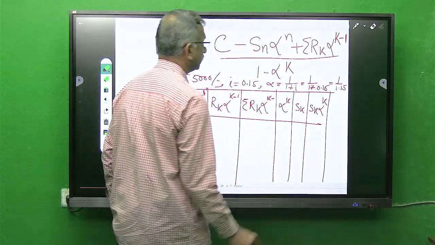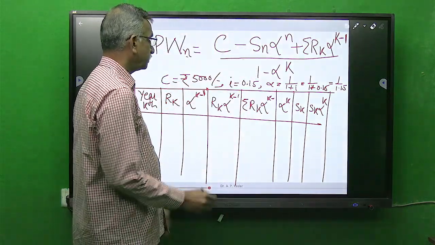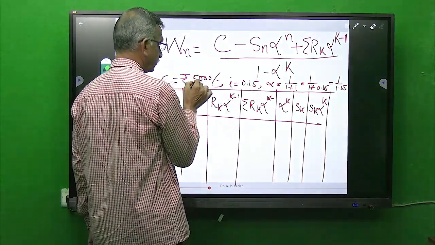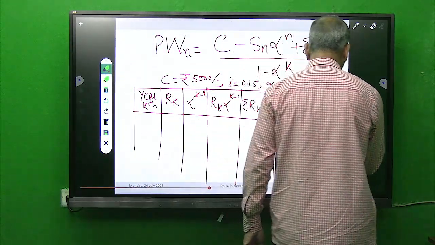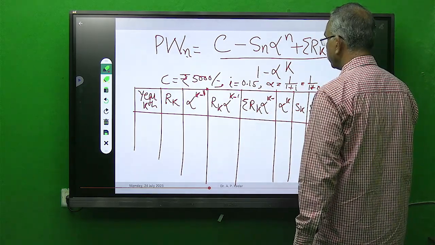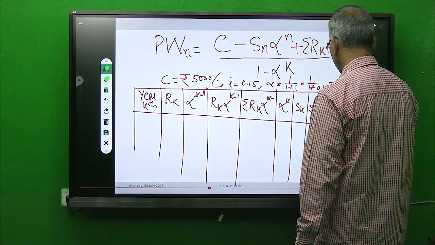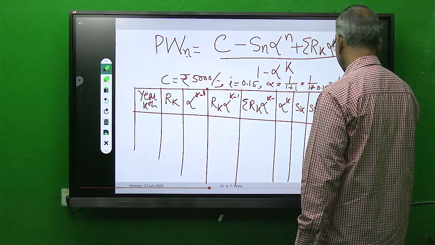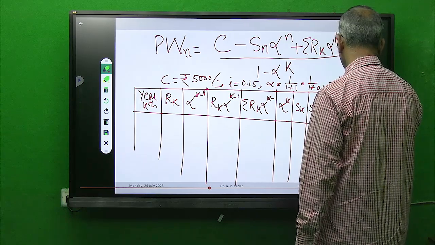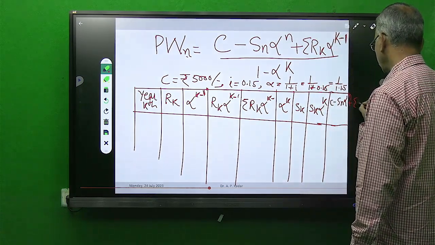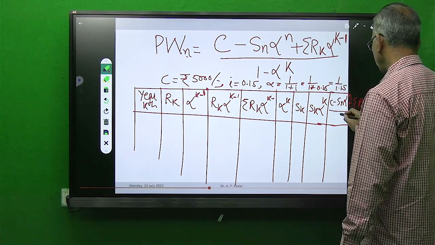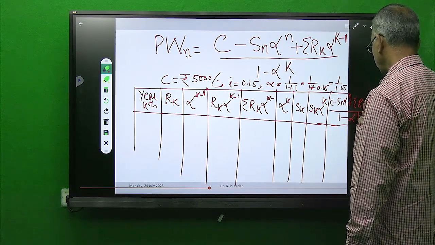Now you are ready with this term. C is with you, so the last but one column will be equal to this entire column, C minus Sn alpha n plus summation Rk alpha k minus 1, upon 1 minus alpha k.